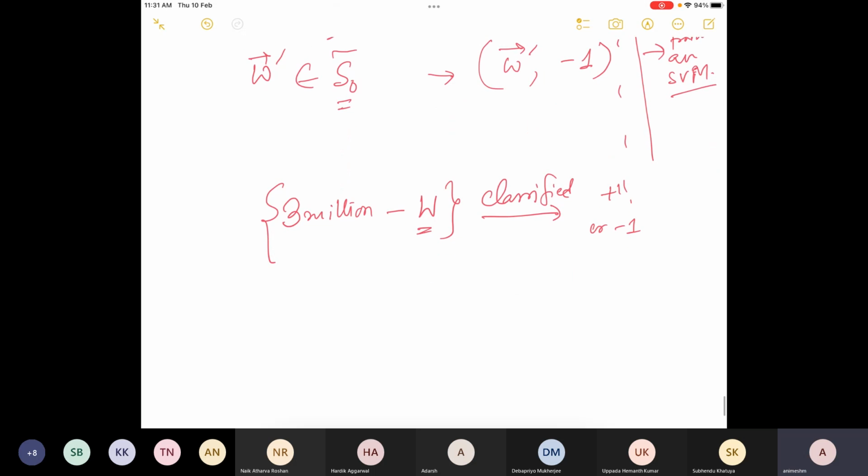Okay, in this way, they could classify some of the words from these 3 million words as positive. So basically, those are also gender specific words. They call these set S1. Okay.